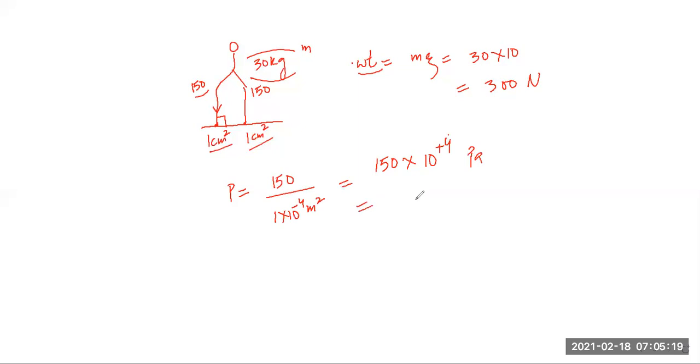All right, so this is approximately equal to 15 bar. You see that atmospheric pressure is approximately equal to 1 bar. So each heel of the girl is exerting a pressure approximately equal to 15 times the atmospheric pressure on the floor. Thank you very much.